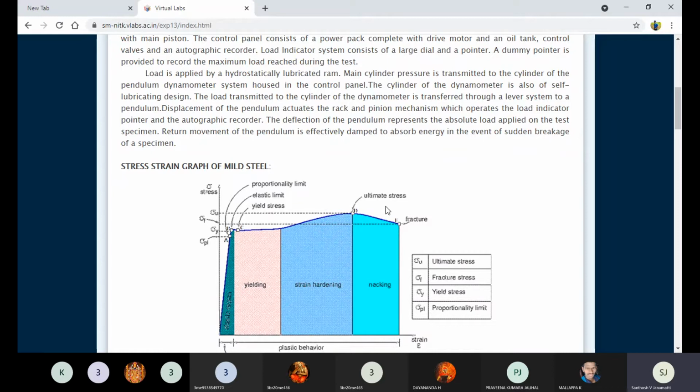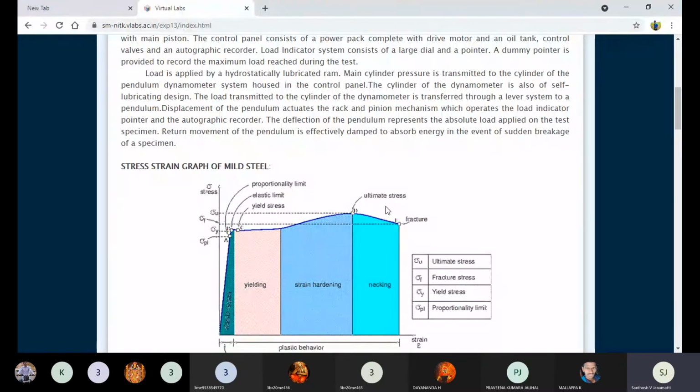Now I'm coming to the aim of the tensile test. The aim of the tensile test is to know the ability of deformation when the material undergoes certain loads. We need to know how that material will deform before the fracture, without fracture.